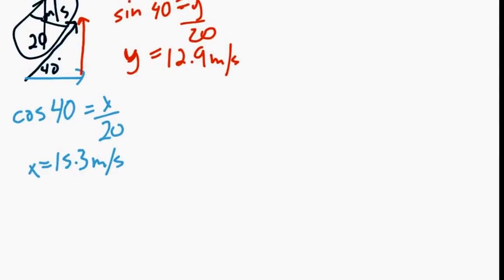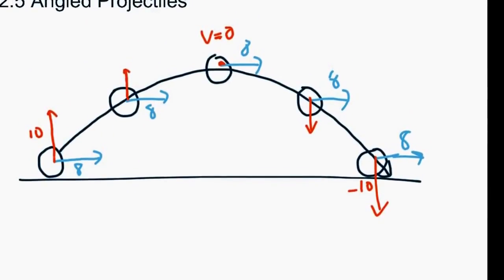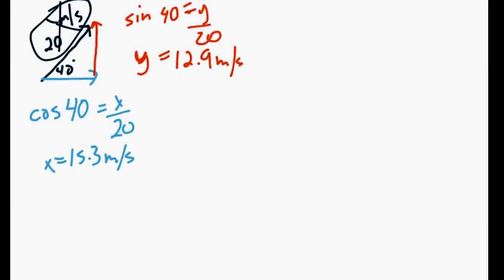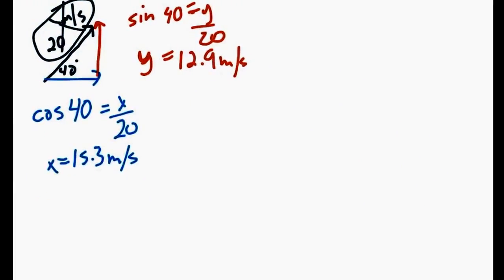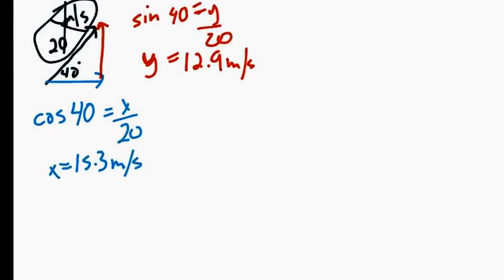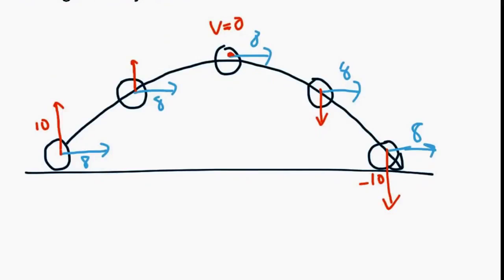So now that we have that, remember that's the information we're using. Let me go back to the previous page. In this case, our horizontal speed of 15.3 stays the same all the way through, and our vertical speed of 12.9 is actually going to change. We'll have 12.9 to start with, then it's going to slow down until it gets to the peak.